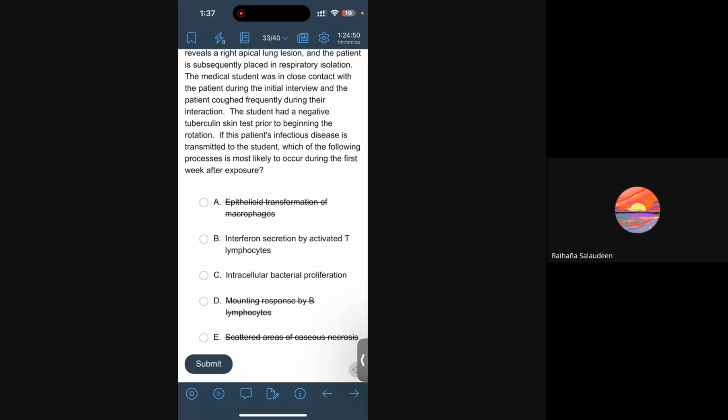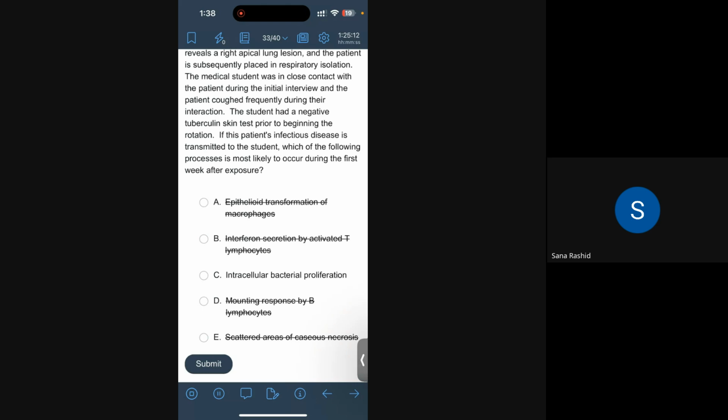Before the epithelioid conversion, you are going to see interferon secretion.